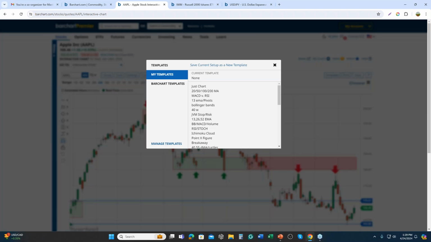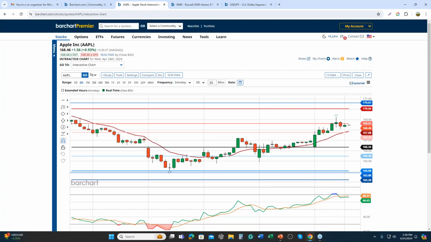Under the templates here, we have Barchart templates. These are default templates, and the one down here at the bottom is called the 13 EMA pivots. If I click on that, it is going to draw the pivots on my chart, which is really nice for a lot of technical analysis. We're going to go through that process in a moment.